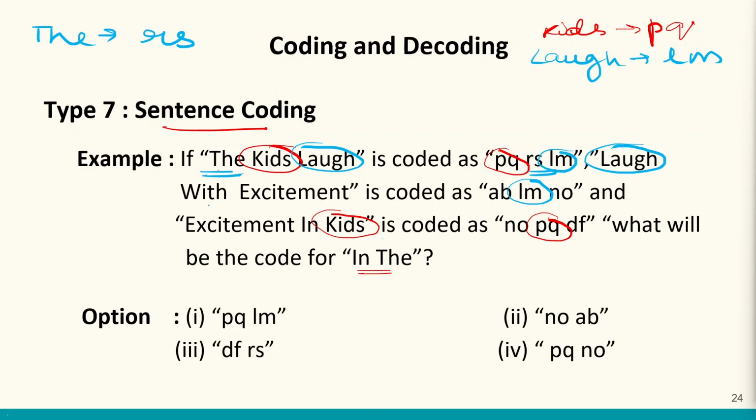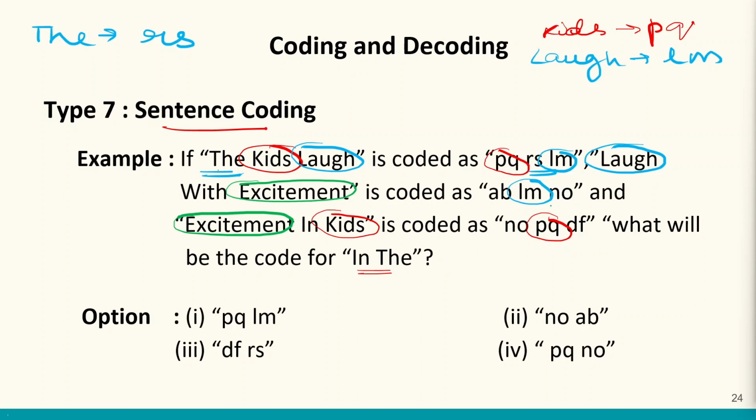Let us move forward. Here we have laugh with excitement and excitement in kids. The only common word is excitement. Here the code is ABLMNO and here the code is NOPQDF.